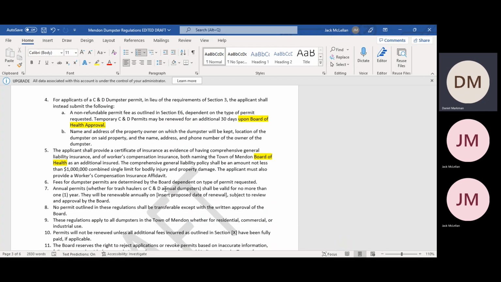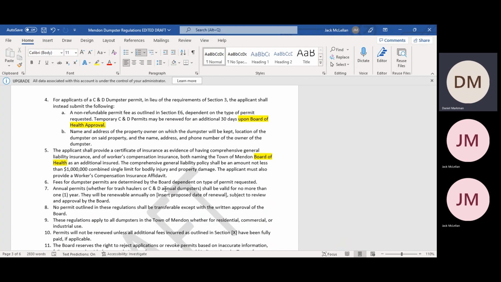The hauler can choose to get an extension for a specific dumpster, which is the only reason why they have a temporary C&D. And under those conditions, they can request that permit be extended because the dumpster that they are renting out is going to be there for longer. Right. But that only exists because there is a separate type of permit for businesses that want to only rent out 1 or 2 dumpsters temporarily.